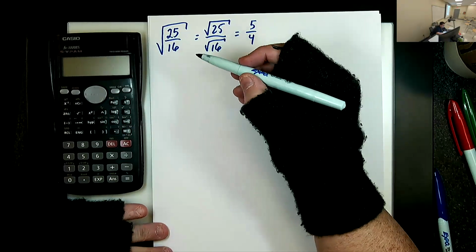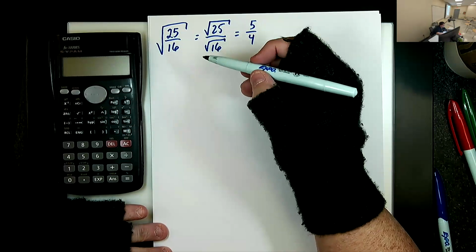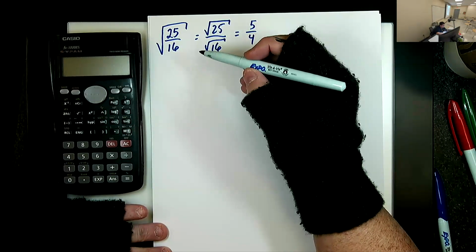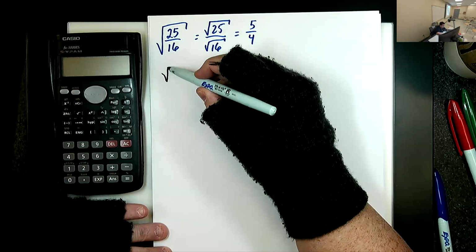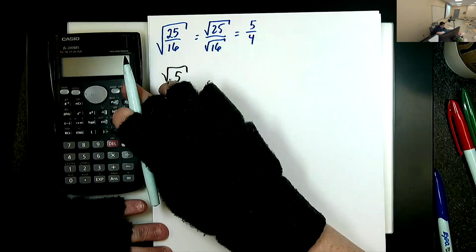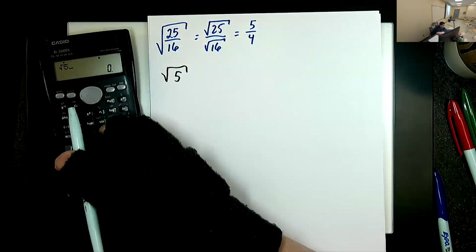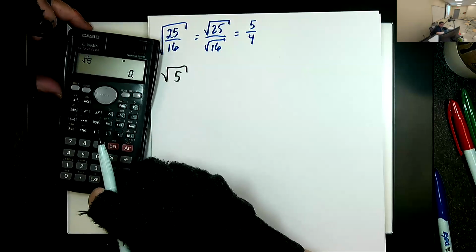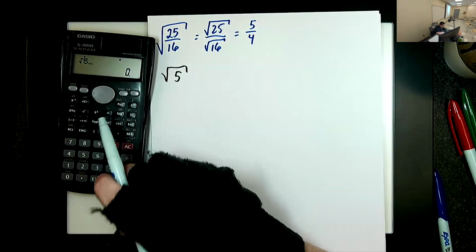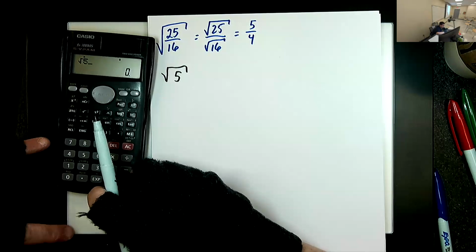Well, a lot of the stuff we're going to be doing is taking the square root of numbers that aren't whole numbers. If I do the square root of 5, I have a square root key. Most do.